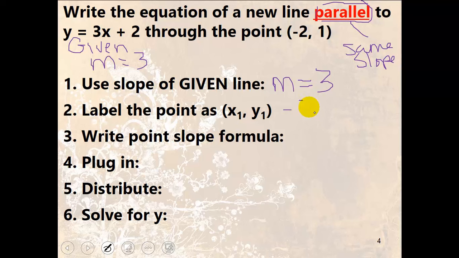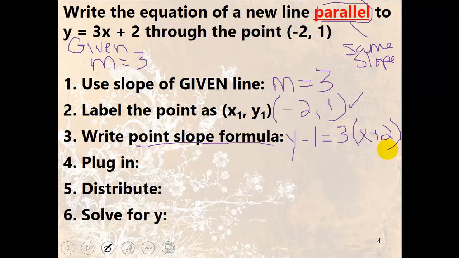Then my point is negative 2, 1. I'm going to use the point-slope formula because this is not the y-intercept. And then I get y minus 1 equals 3 times x plus 2, since minus a negative goes positive. Now I'm going to distribute.